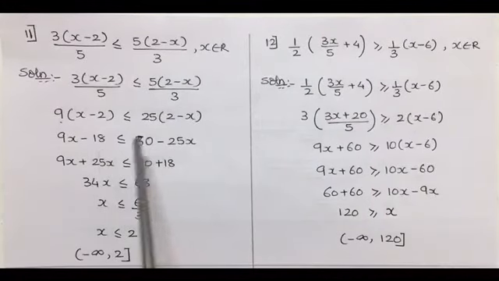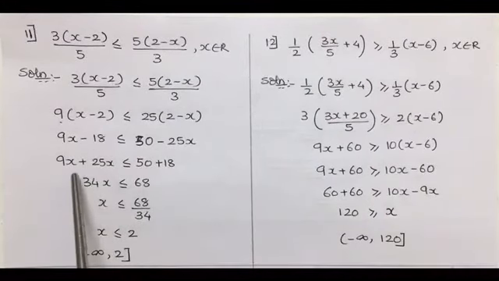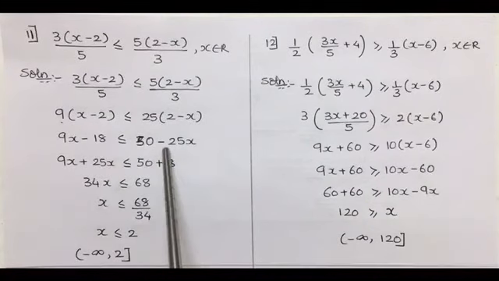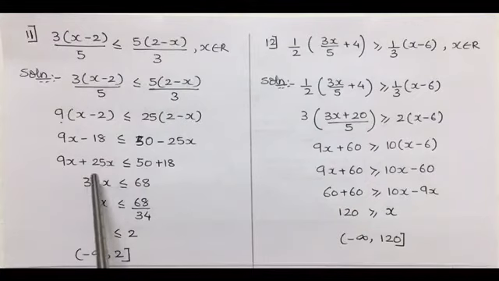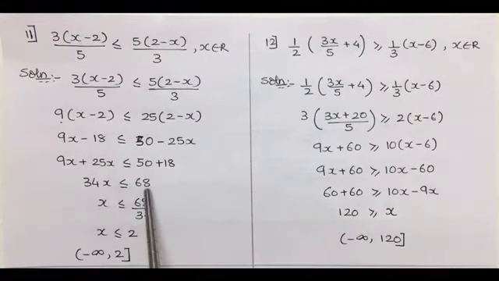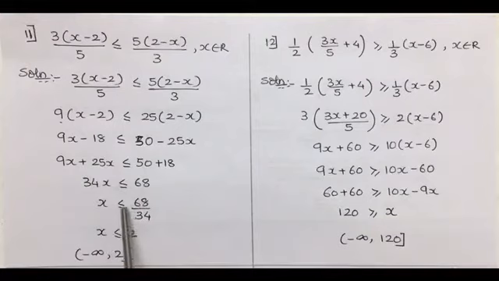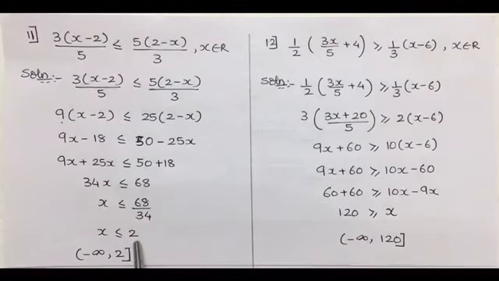Shifting minus 25x to the other side, and minus 18 towards the RHS, we get 9x plus 25x less than or equal to 50 plus 18. That makes it 34x less than or equal to 68. x is less than or equal to 68 by 34, and x is less than or equal to 2.